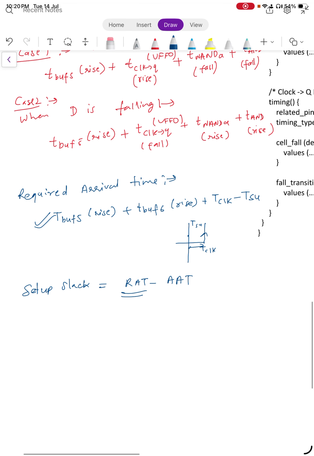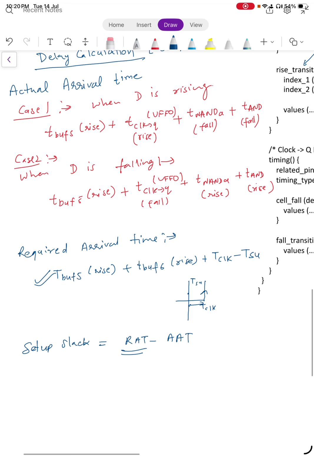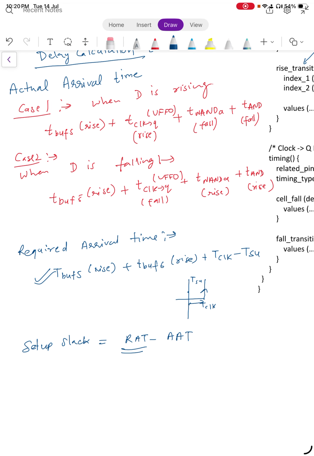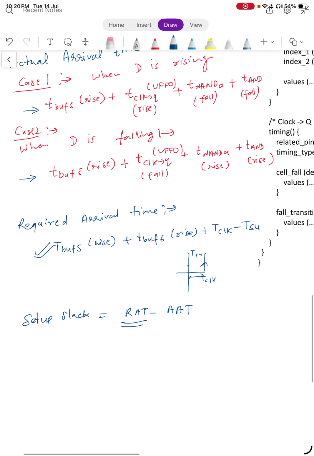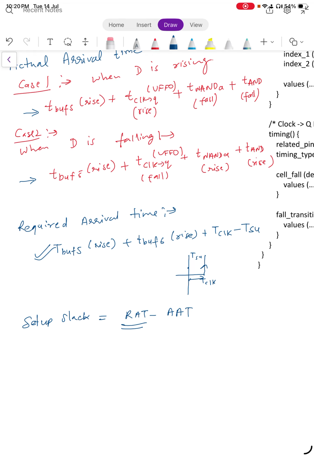So we take the worst case for setup, because we need to consider the worst case here. The tool will calculate the delay for when D is rising, and in this second case, and it will pick the worst one, which has the maximum delay out of the two. So the actual arrival time should be the maximum of case 1 and case 2.